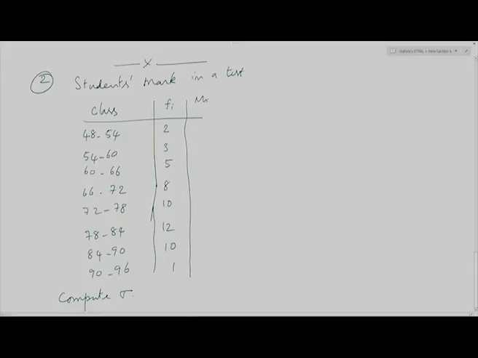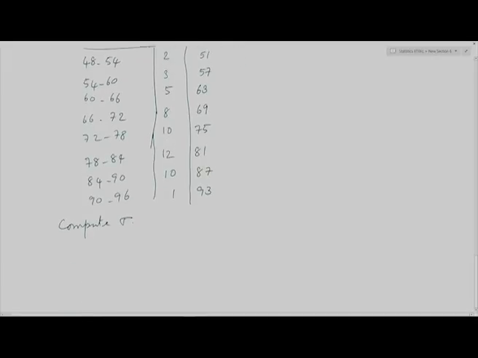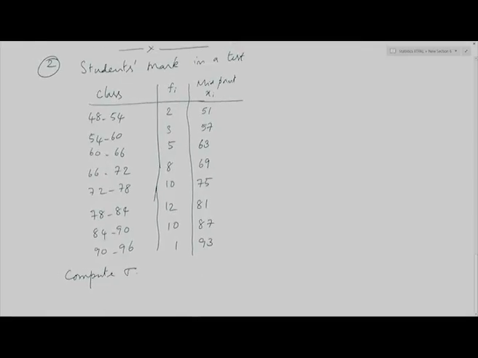Let us write the midpoint and denote it by xi. It is 51, and the midpoint of 54 and 60 is 57, 63, 69, 75, 81, 87 and 93. So, these are the values of xi.